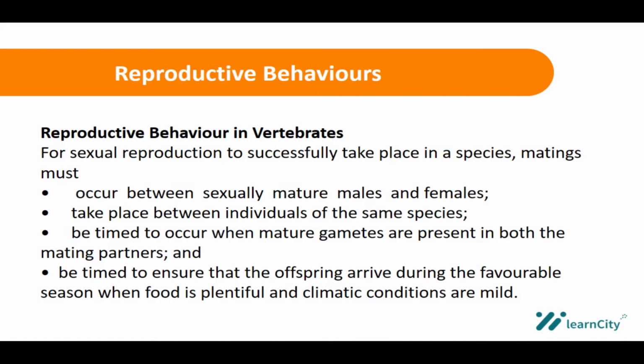So now let's talk about reproductive behavior in vertebrates. For sexual reproduction to successfully take place in a species, mating must occur, several times, between sexually mature males and females.